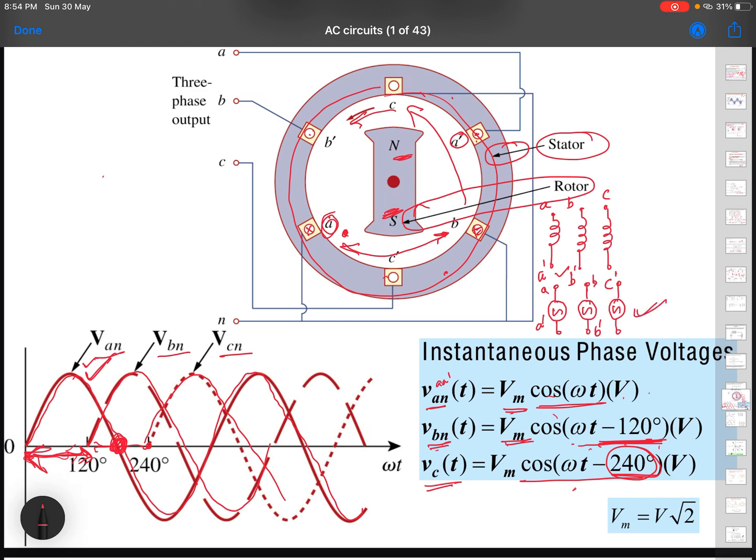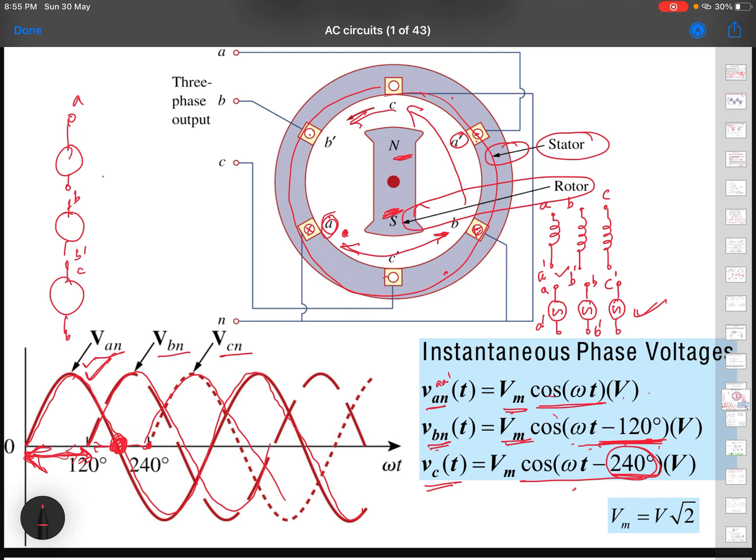Now when these three sources are there, which are essentially coils in which voltages or EMFs are generated, they can be joined in different ways. One way is you have phase A, phase B, and phase C, with A dash, B dash, and C dash.